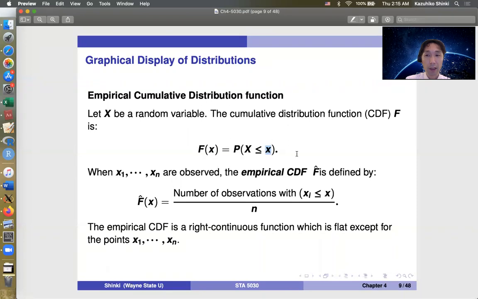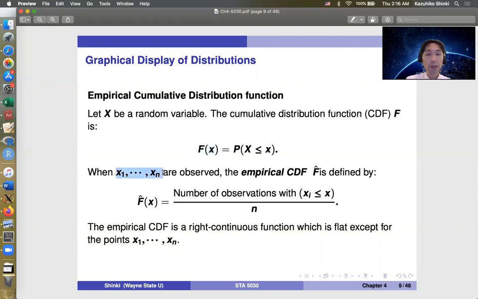That is the area on the left-hand side of x equals 0, so 0.5 for the standard normal distribution. Capital F is usually a smooth function, given mathematically. But think about estimating this function F from data sets.